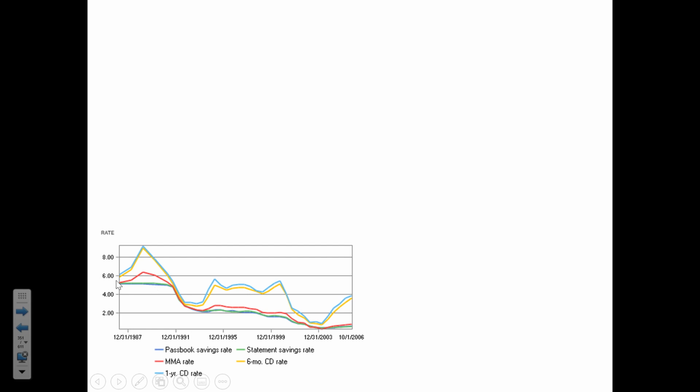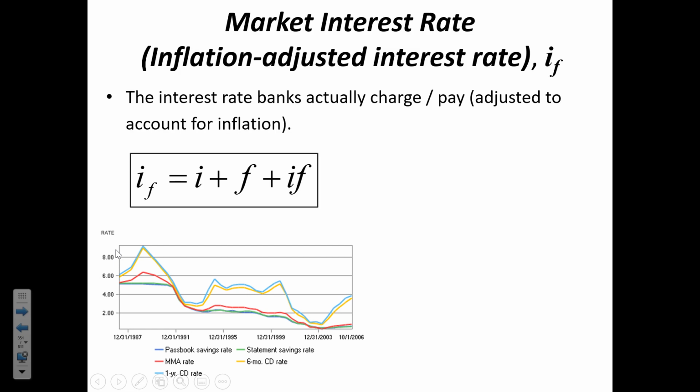So part of the reason why savings rates have decreased is because back in the 80s, inflation was higher as well. So that's another thing that's tied to inflation, is the rate that banks pay for savings accounts and the rate that they charge for loans.